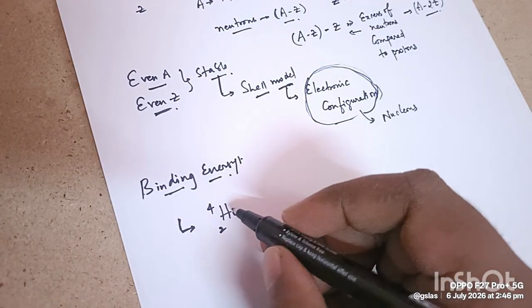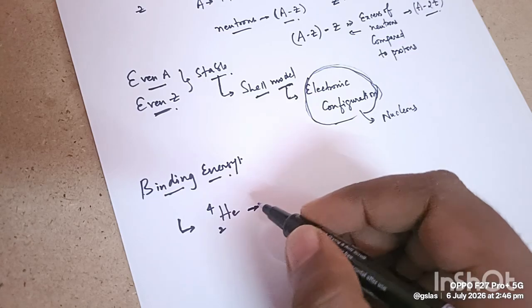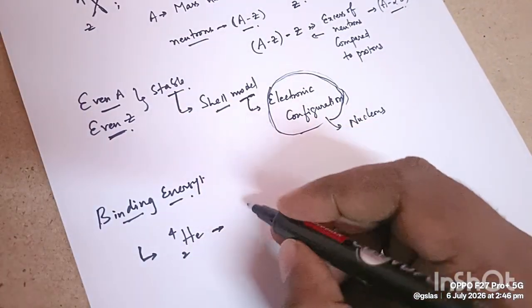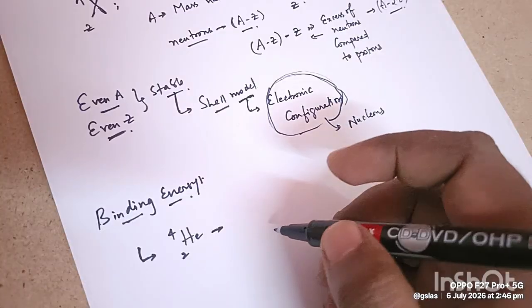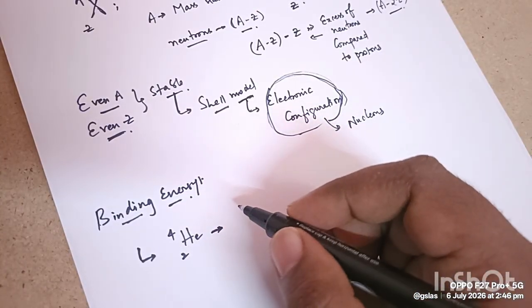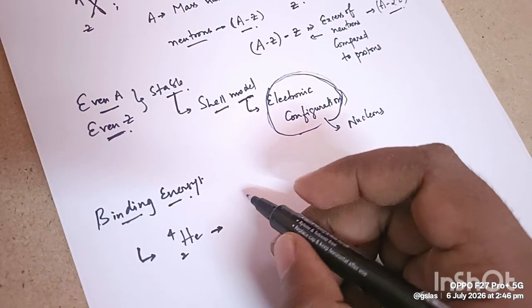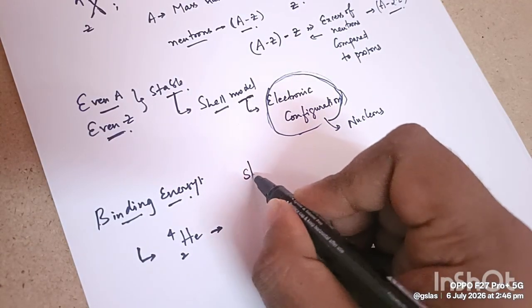So 2 protons and 2 neutrons, right? So these are nucleons, by which I mean they reside inside the nucleus, and electrons, we know, they revolve around the nucleus. So these nucleons, something has to hold them together, right? And we usually call that the strong nuclear force.